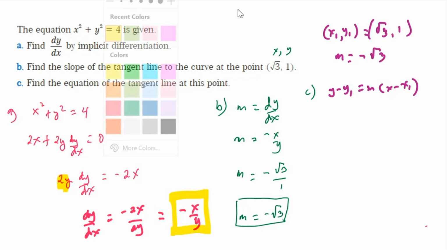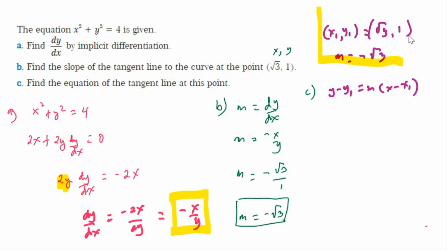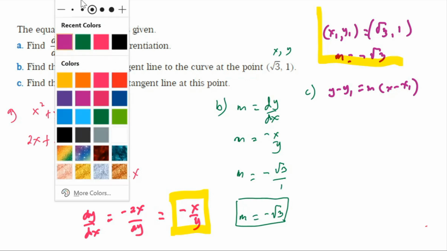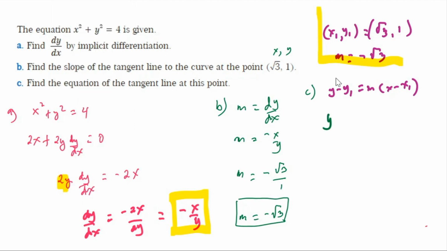So using this data in order for us to solve for the equation of the line, we can write now y minus our y sub 1, which is positive 1, is equal to m, which is negative square root of 3, times x minus the value of x sub 1, which is the square root of 3.